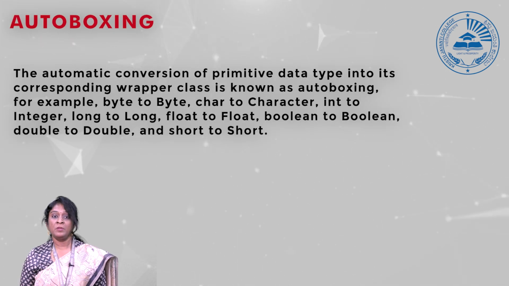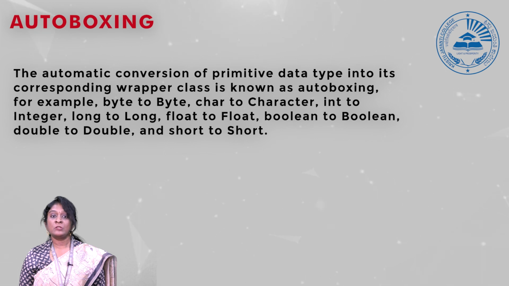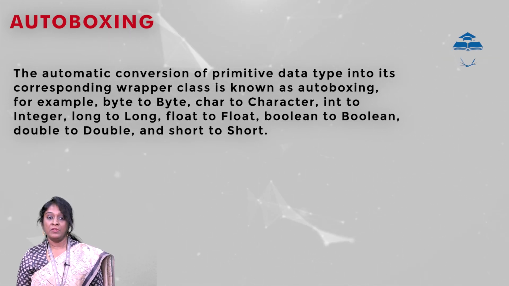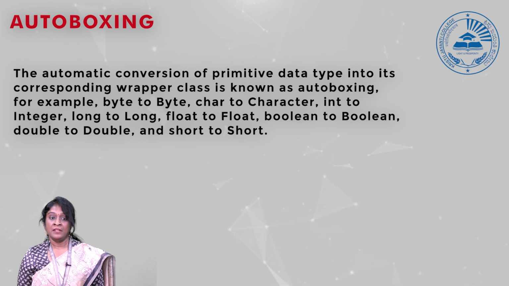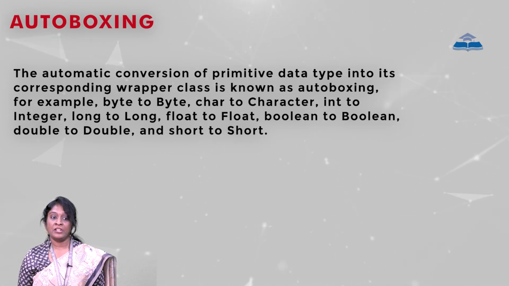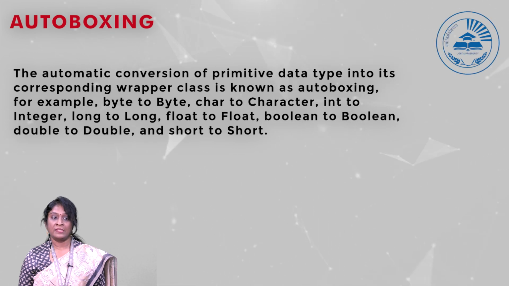Autoboxing is the automatic conversion of a primitive data type into its corresponding wrapper class. For example, byte to Byte, char to Character, int to Integer, long to Long, float to Float, which we saw in the slide. This is done automatically without any declaration, which is known as autoboxing.